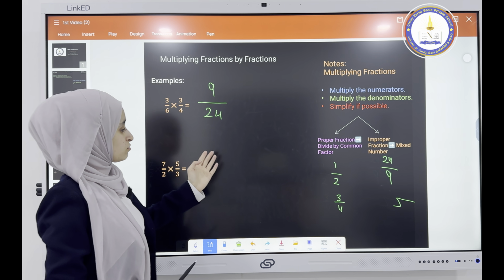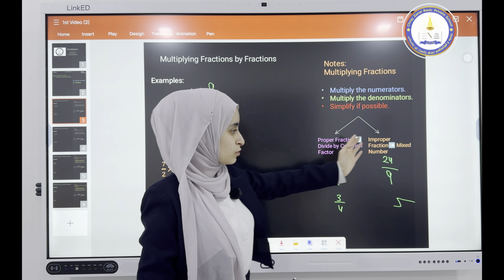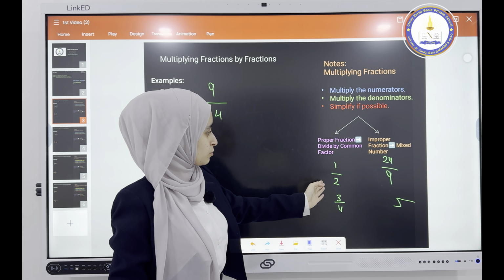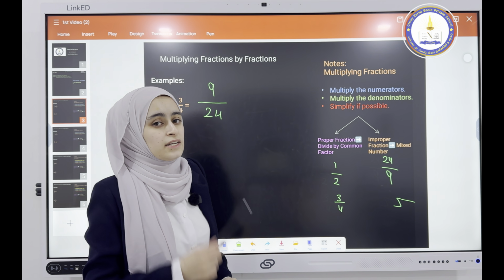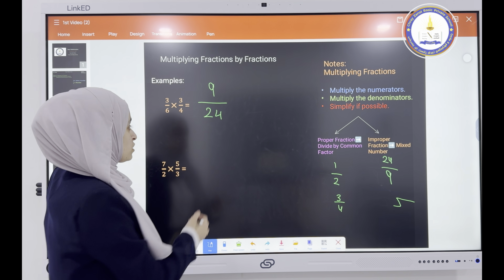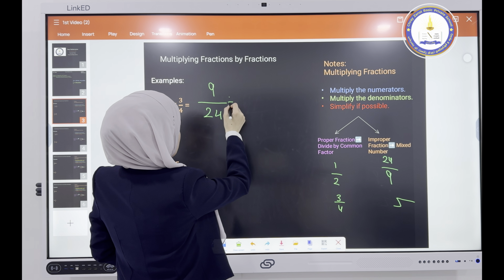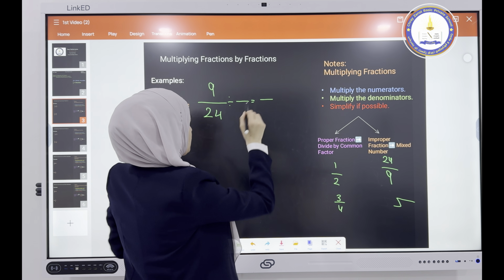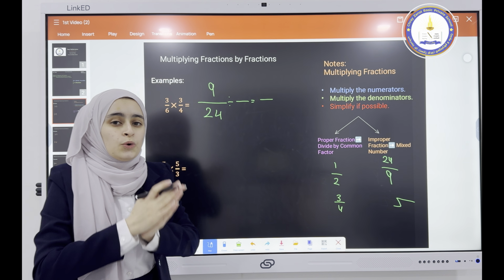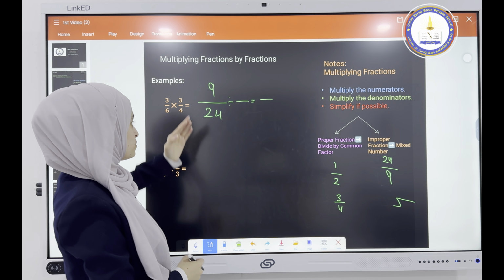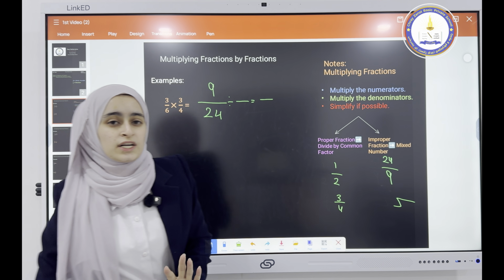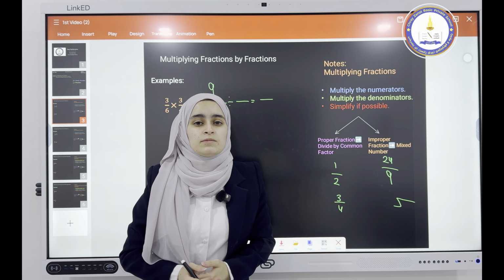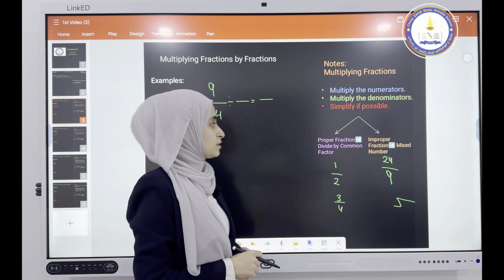So, 9 over 24, is it proper or improper? It is a proper fraction because 9 is less than 24. So, it means we can divide it by a common factor. Think about that. Which common factor do we have between 9 and 24? Or we have 9 and 24 in the multiplication table of which number?